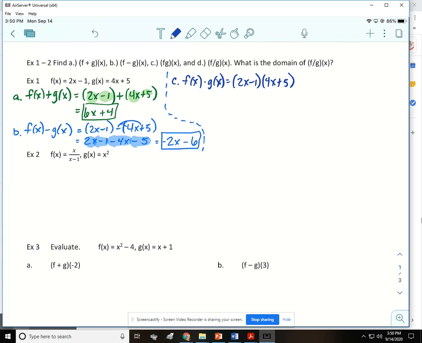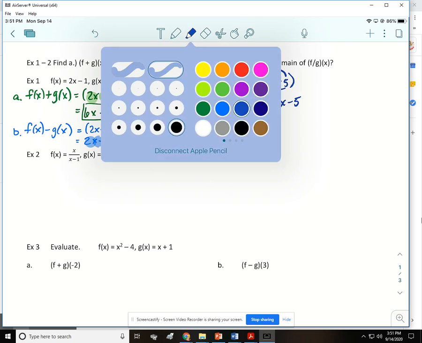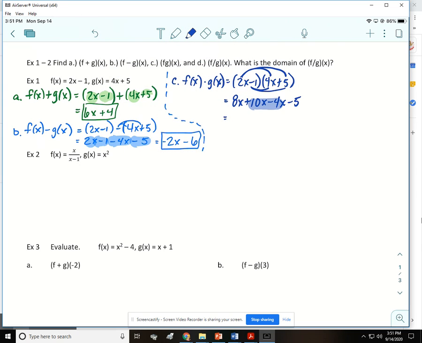So on this, for multiplying two binomials, we have to do the double distributive property, where we'll multiply 2x times 4x, 2x times 5, -1 times 4x, and -1 times 5. And then finally, we'll combine our like terms. Our like terms are in the middle. Oh, sorry, that was 8x squared. All right, so 8x squared plus 6x minus 5.